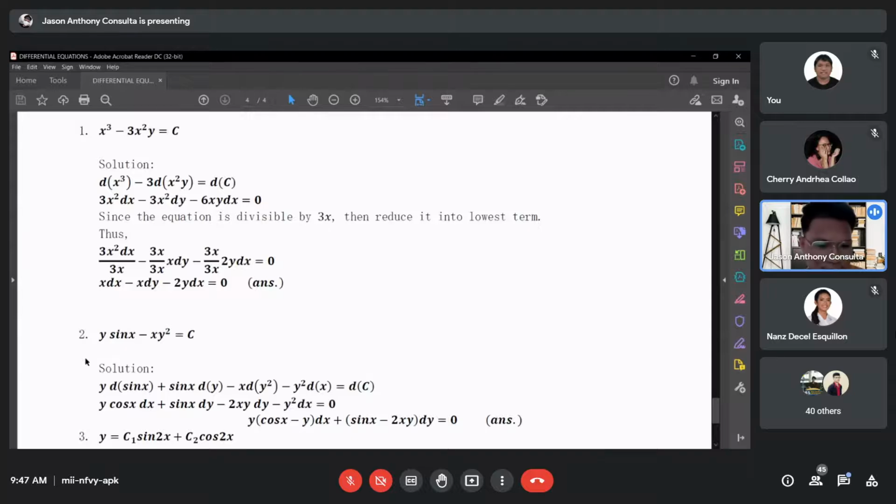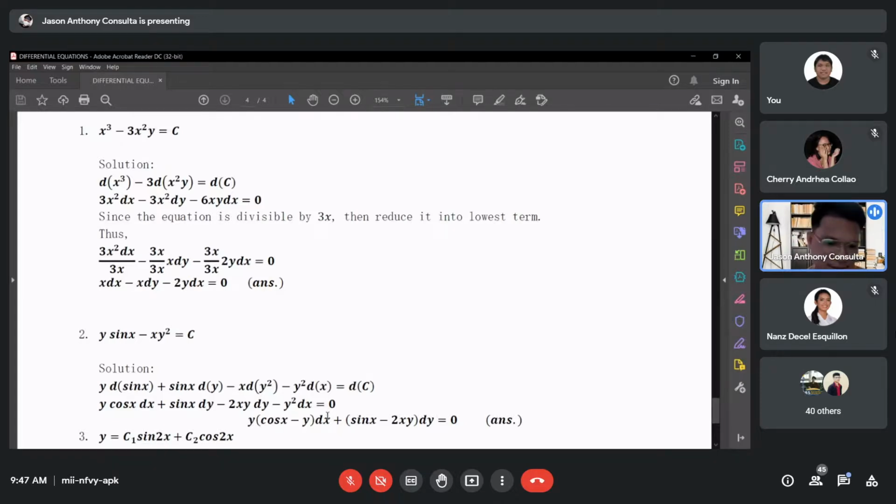We have, pwede natin ma-factor out dito class, so after we get the derivative, ang sagot na natin is y cosine x dx plus sin x dy minus 2xy dy minus y squared dx is equal to 0. So yung common yung y sa cosine x and y. Then yung dx. Okay?